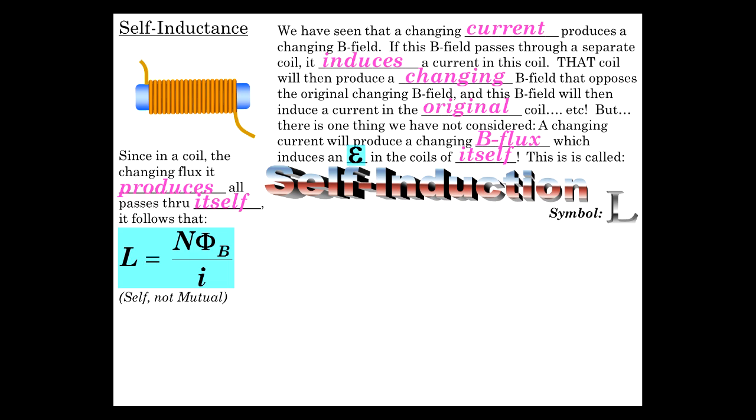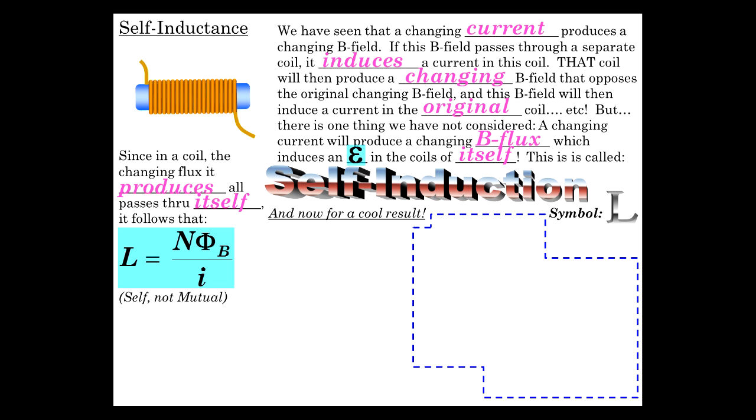All of these quantities refer to the coil itself, so that makes it easier. For one thing, we don't have to worry about the subscripts, but it has the same form.